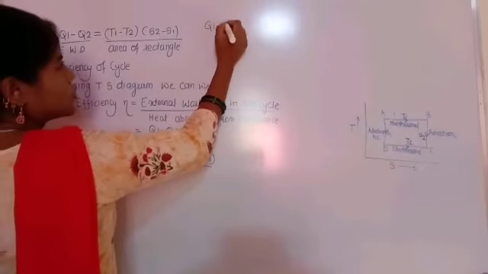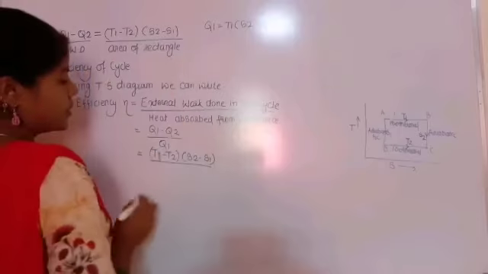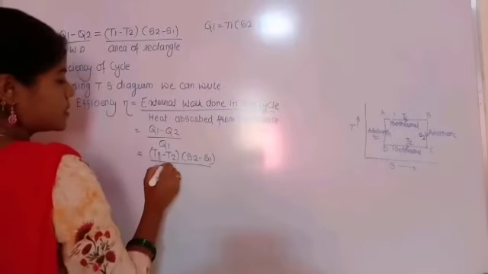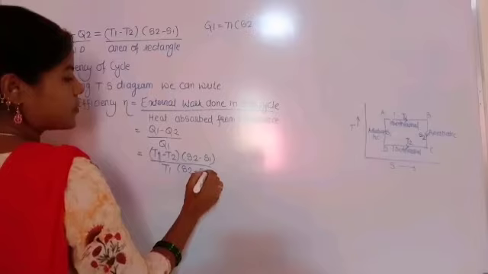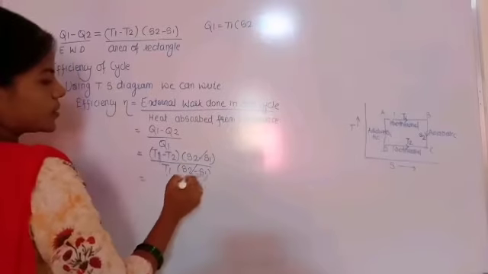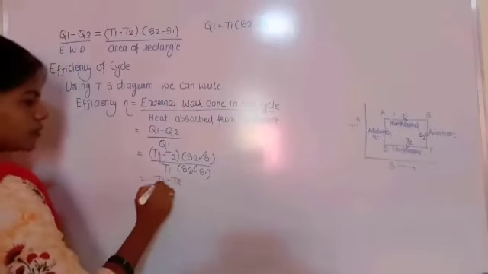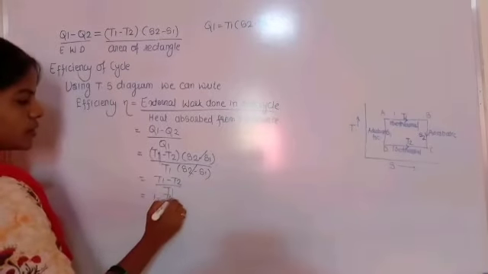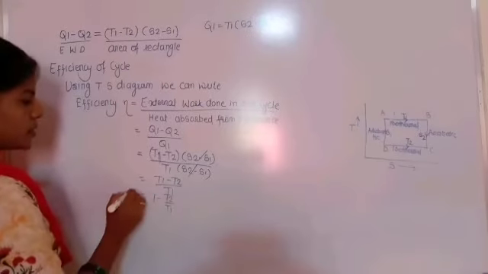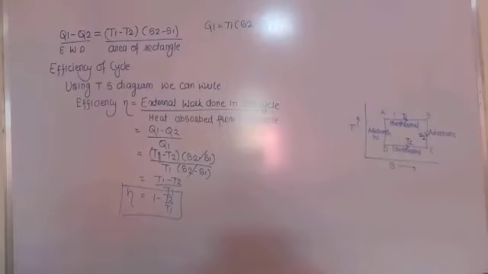The value of Q1 equals T1 into S2 minus S1, already calculated in the previous class. So S2 minus S1 cancels, and we get T1 minus T2 divided by T1, which equals 1 minus T2 by T1. This is the efficiency of the Carnot heat engine using the TS diagram.